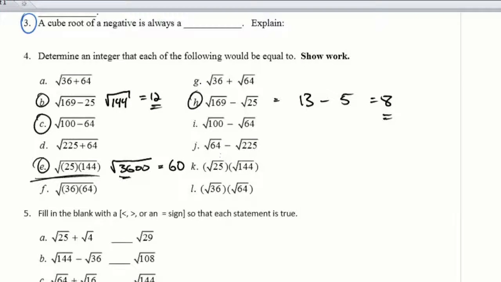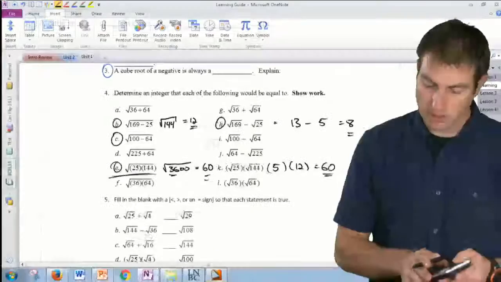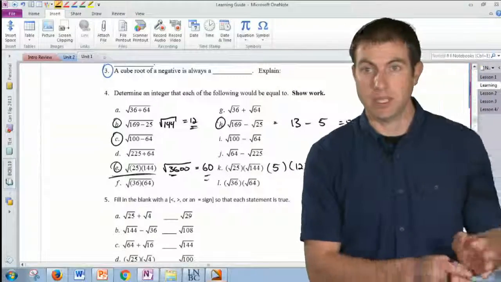If I do these separately, I get square root of 25 is 5, and square root of 144 is 12, and 5 times 12 gives us 60. So these things are the same when we multiply and divide. So hopefully that helps you out a little bit, Taylor.